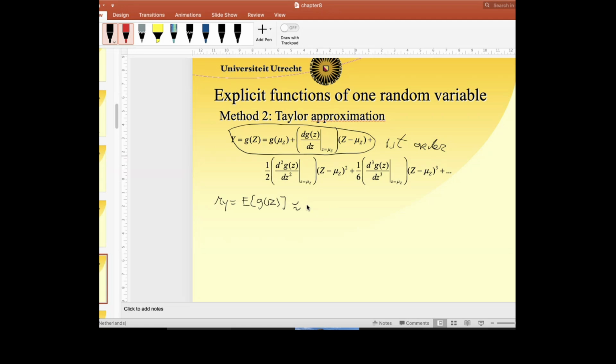So that's the expected value of g evaluated at the mean, plus the expected value of this term here.